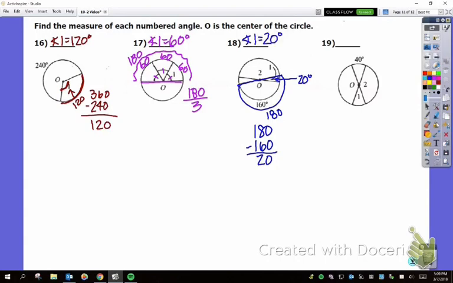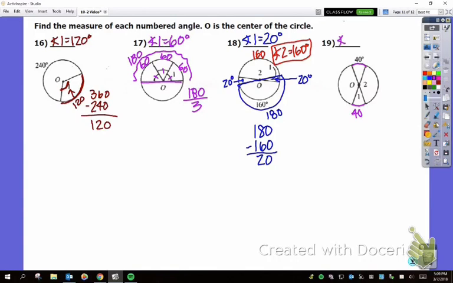If you know that's 20 degrees, then this other side is going to be 20 degrees because they're vertical angles, which means that angle 2 corresponds with the 160, so this arc and that arc are the same. So we could say that angle 2 equals 160. Looking at number 19, we know that this arc is 40, so this arc is 40.